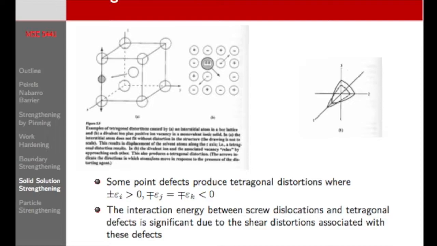You're taking something of smaller volume out and putting in something with larger volume, and it's going to push everything away uniformly. Well, what happens if we stick something in an interstitial location in BCC? When will we see this? Carbon in steel, the most important interstitial.